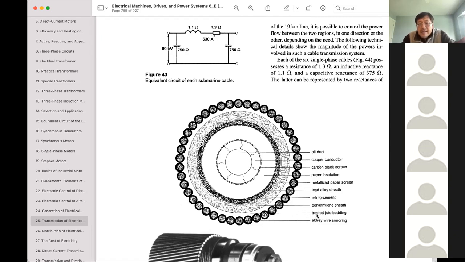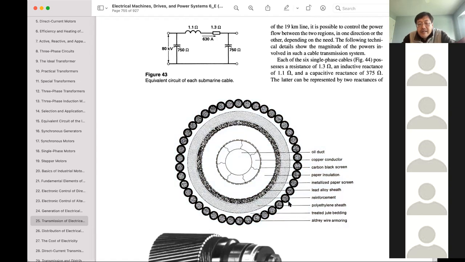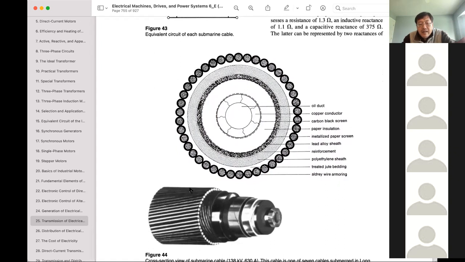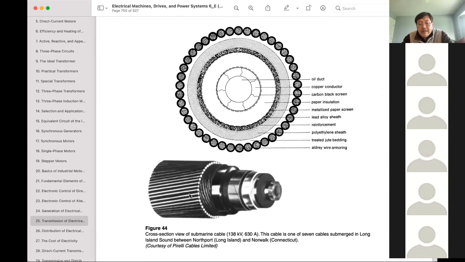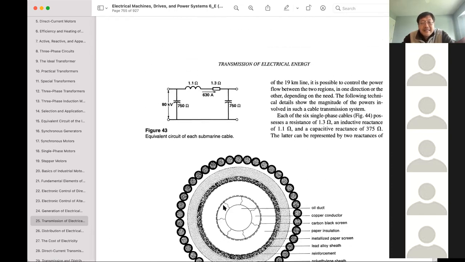Outside that is a steel jacket armoring. They have to have steel armoring because it's underwater, they might have sharks, right? And they might bite on that.